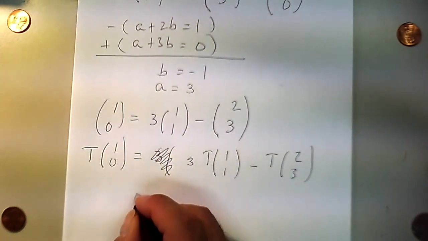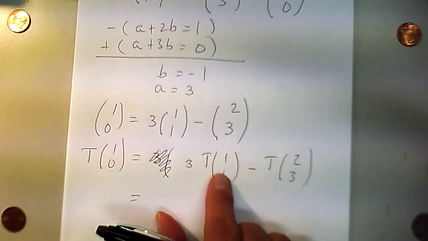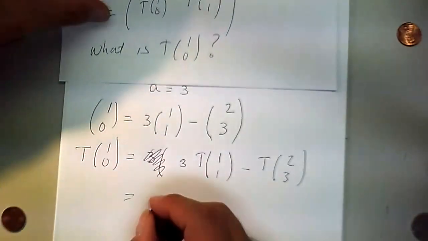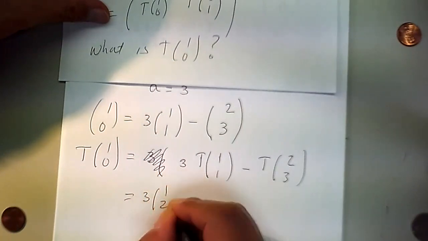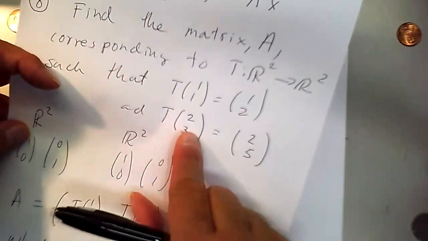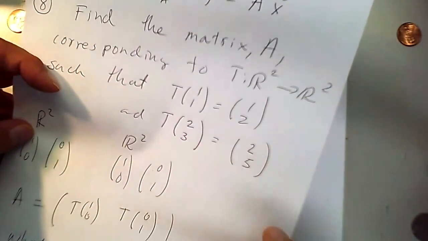We know how much T of (1, 1) is because they told us it's (1, 2). So this is 3 times (1, 2) minus T of (2, 3), and T of (2, 3) is (2, 5).